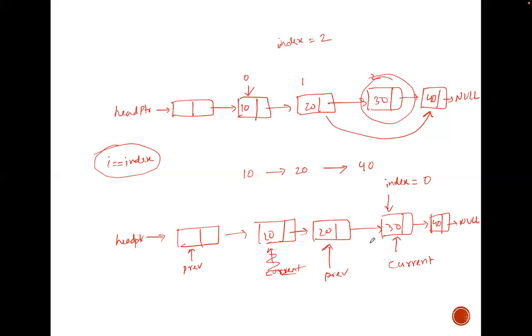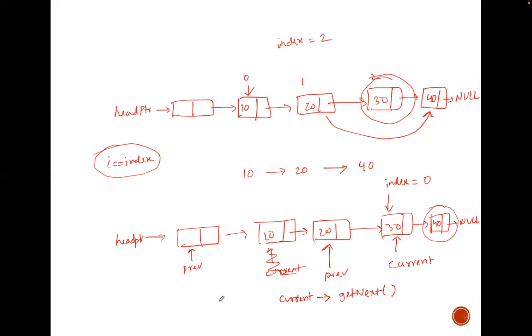So we need this node 40, because now 20 is going to point to 40. How can we do that? We can use the function current get next. The get next function of current is going to give the address of this node, 40. Now, instead of previous pointing to node 30, previous is going to point to node 40, which is get next of current.